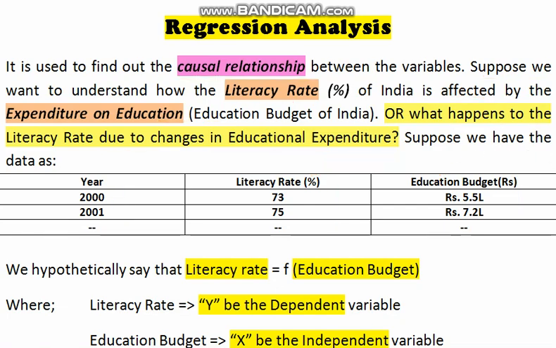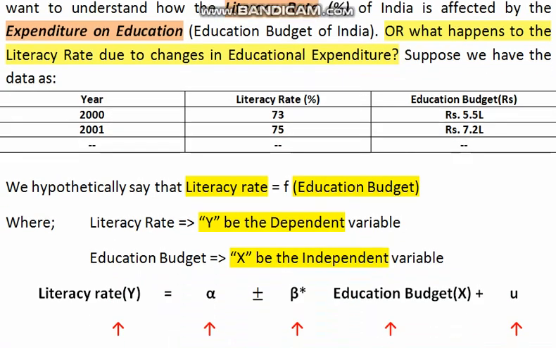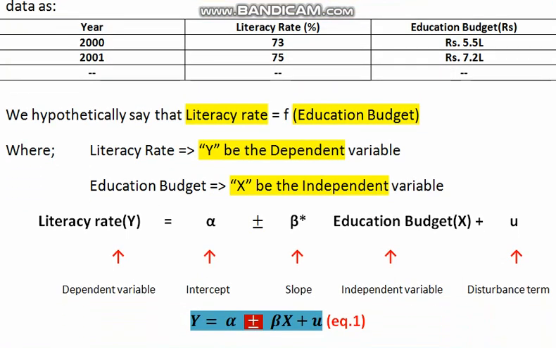So generally what we do with regression analysis is, suppose we have this data like I told you, and accordingly we model with a set of dependent variables and a set of independent variables. We are saying that the literacy rate is being affected by the amount of money, or the education budget, made by the Indian government.